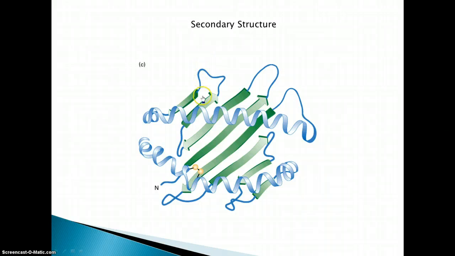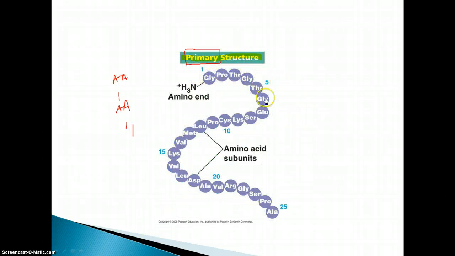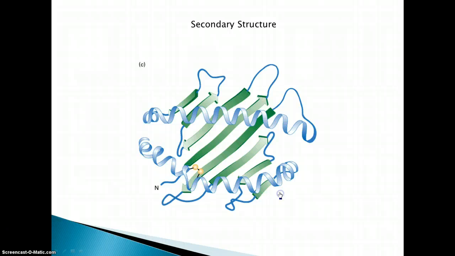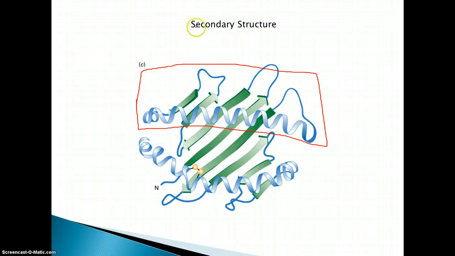Now secondary is when the amino acids seen here, the string of amino acids, start to coil up. As we can see, a coil is formed. So this is what a secondary protein structure is, where the amino acids coil up because hydrogen bonds occur in between.